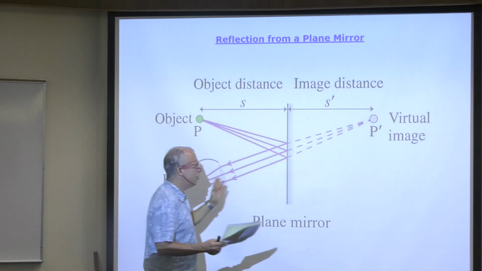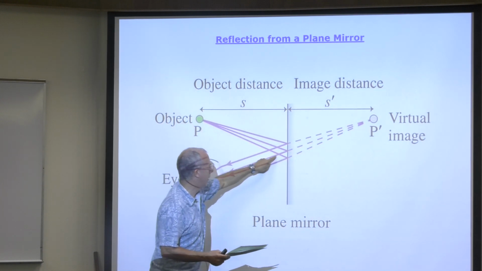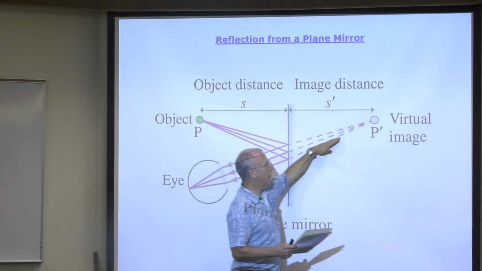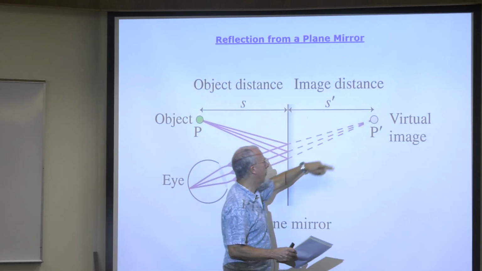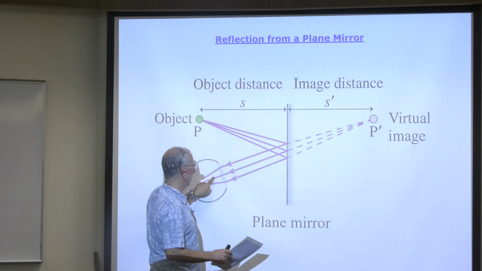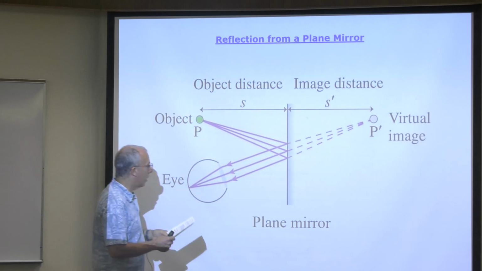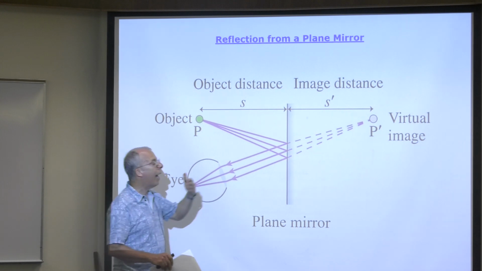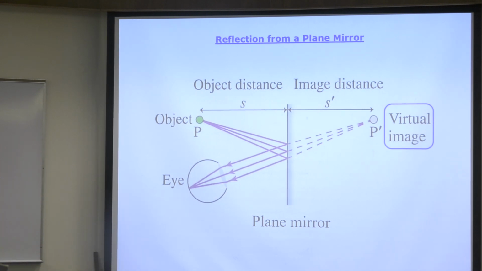It's not; the object is here. It's just that the light reflects. But the way we think about it, the light is coming from this direction. So we say this is a virtual image. Why is it virtual? Because this is not real light. We're just backtracking on these rays of light. A plane mirror will always have a virtual image. We think the image is located behind the mirror. So that's number one: plane mirrors always have virtual images.